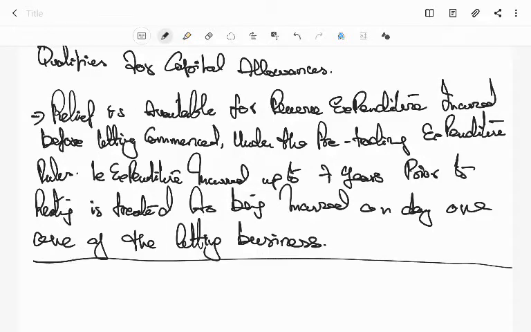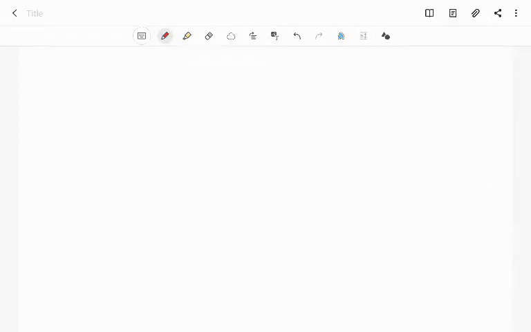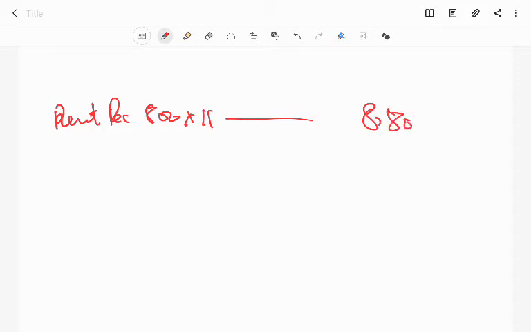Now let us look at the example, folks. So for this part of the question, rent received is 800 into 11, which will get 8,800.